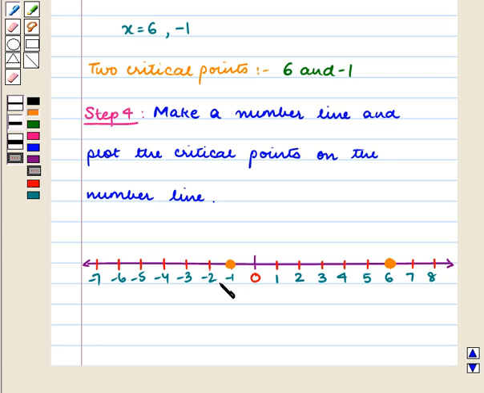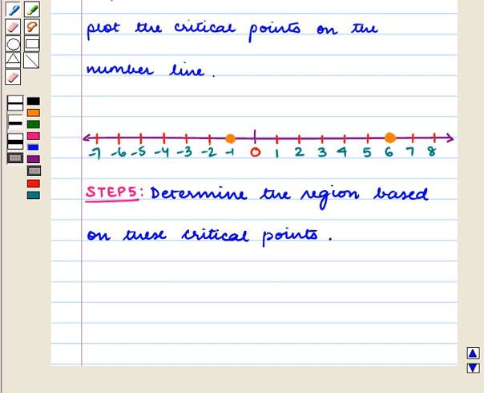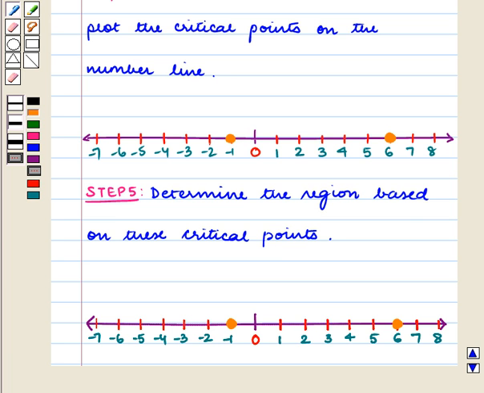Since 6 and minus 1 both satisfy the quadratic inequality because of the greater than or equal to sign, we will draw closed circles on these points, which indicates that these points lie inside the solution set of the inequality. So now our next step is to determine the regions based on these critical points. We draw vertical lines at these points.